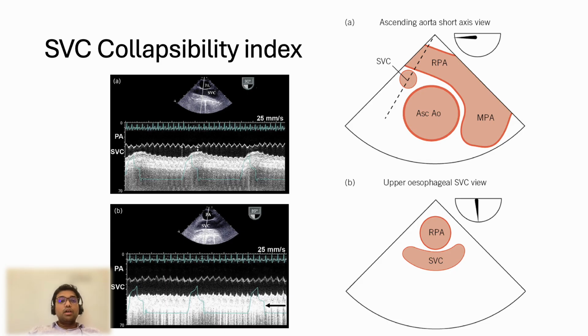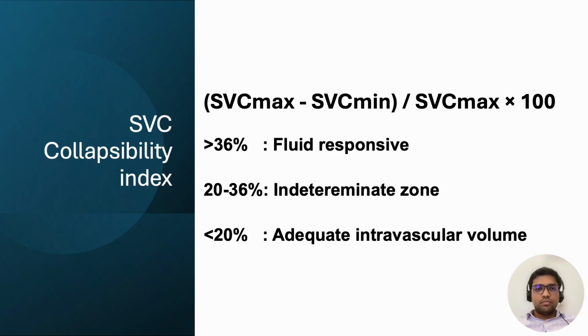That will give you the SVC collapsibility index. If it is more than 36%, that means the patient is fluid responsive, and if it is less than 20%, that means the patient is having adequate intravascular volume, and 20 to 36% is the indeterminate zone.